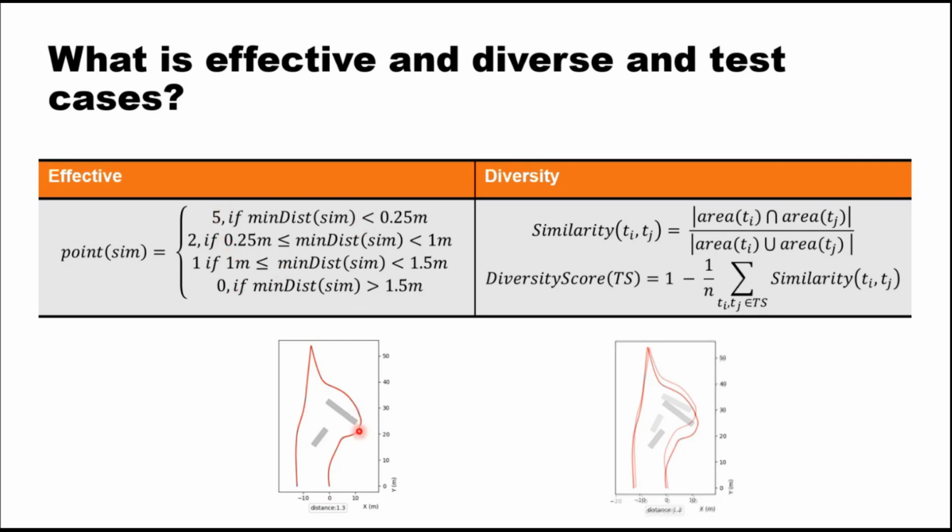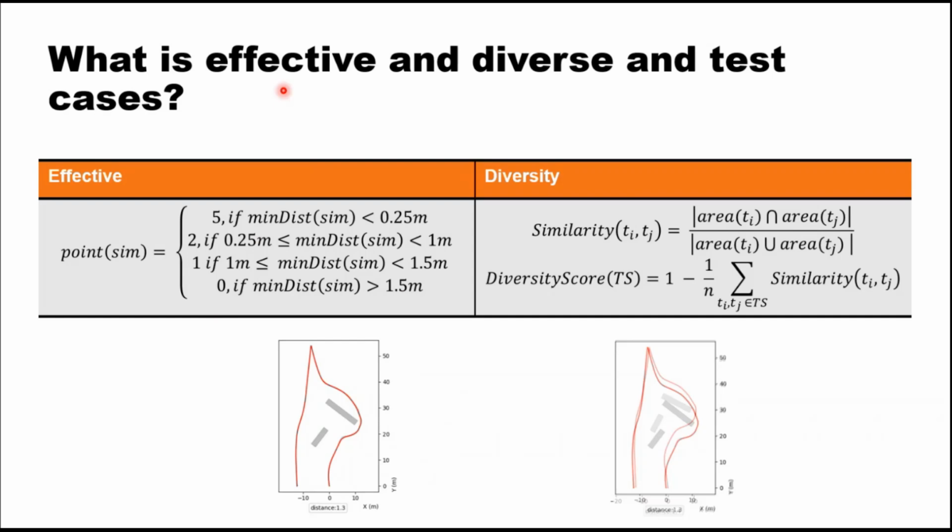If you generate a test case, meaning that you have assigned static cuboids in the arena, that force the UAV to fly very close to an obstacle, you score some points. If the minimum distance is less than a quarter of a meter, you score 5 points, 2 points if it is between a quarter of a meter and 1 meter, and 1 point if it's between 1 and 1.5. Any distance that causes the drone to fly more than 1.5 meters away from the obstacle takes a score of 0.